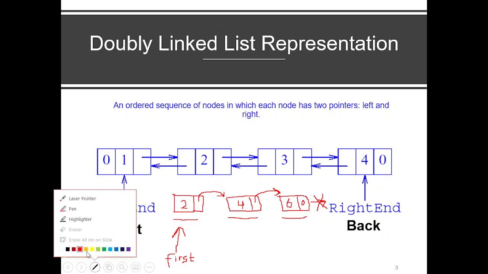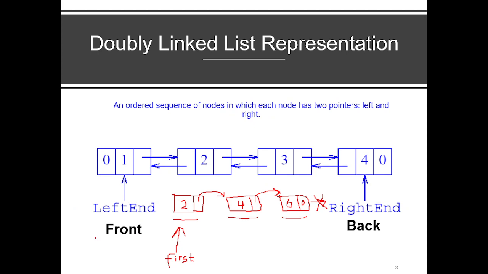Let me write the other terms. So it is also called header, and this one is called trailer, something that trails. The trailer is what is attached behind the engine. So this is the trailer.